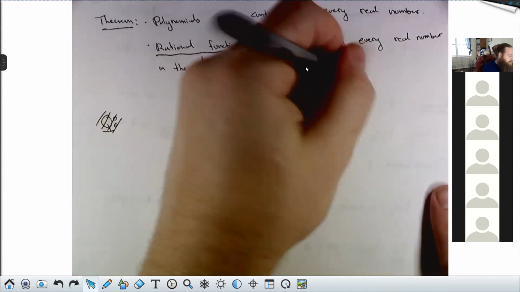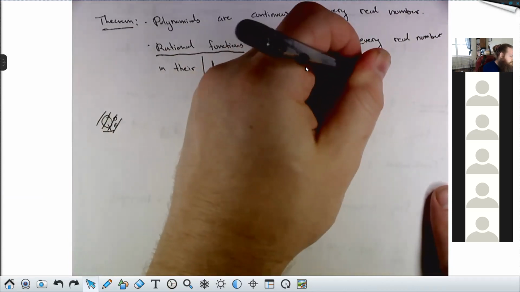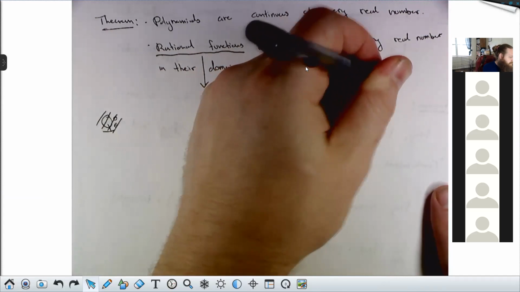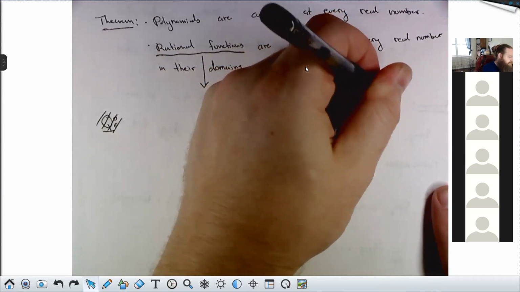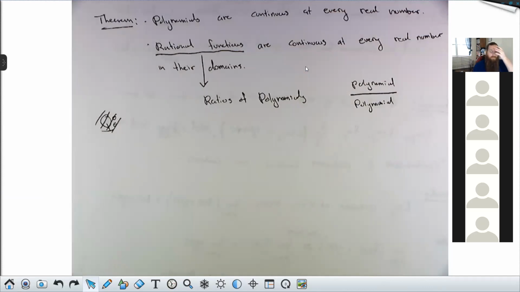So anything like a polynomial over another polynomial. So positive integer powers of x with constants up front, top and bottom. You can't have a variable under a square root, no trig, nothing like that. Just a polynomial divided by another polynomial.